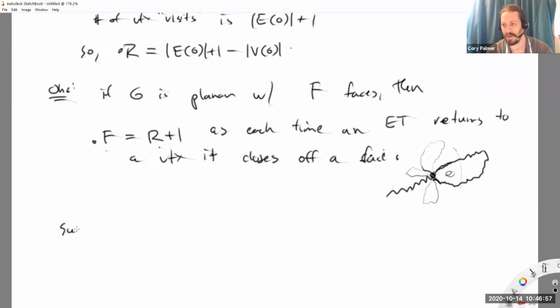So now let's suppose, keep this in mind, so suppose G is a planar embedding of a planar graph, okay? What's an easy trick to transform a graph into a graph with an Euler tour? We have an Euler tour if all degrees are even.